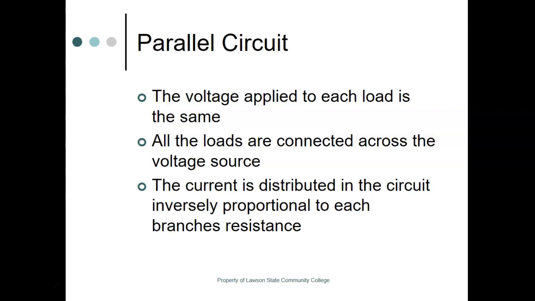Now, what determines the current on each branch? It's going to be the width of the opening, right? How big and how much resistance is in each place where that river is trying to move down?